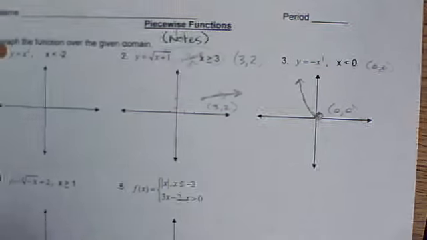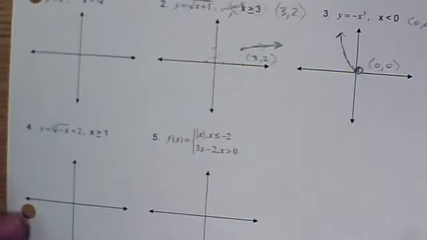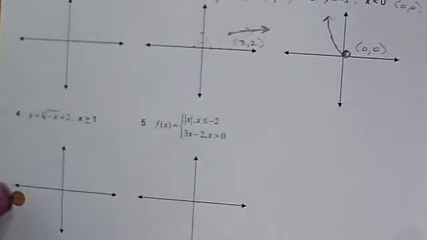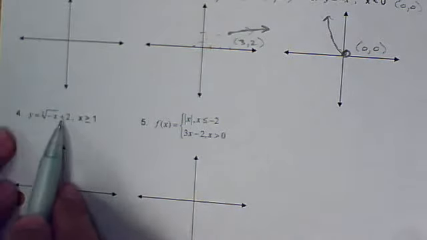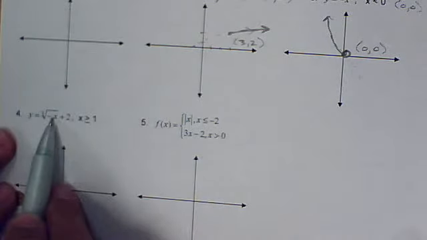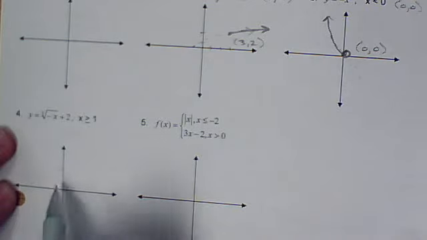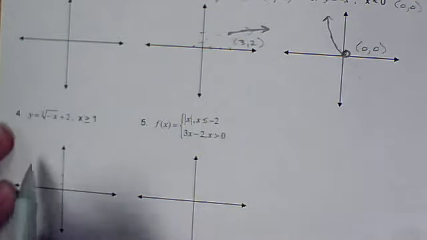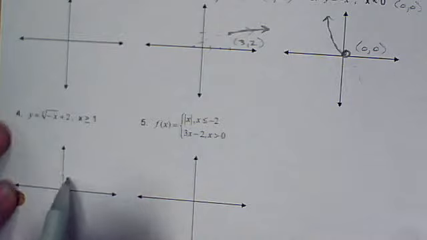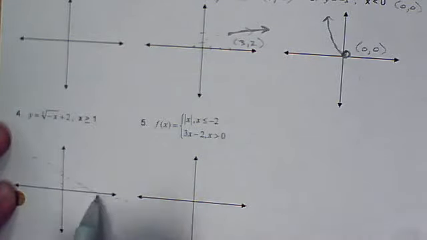Okay. Let's look at number 4 there. You've got the cube root of negative x. So a cubic that's been reflected over the y-axis, and it moves up 2. So the graph looks something like that.